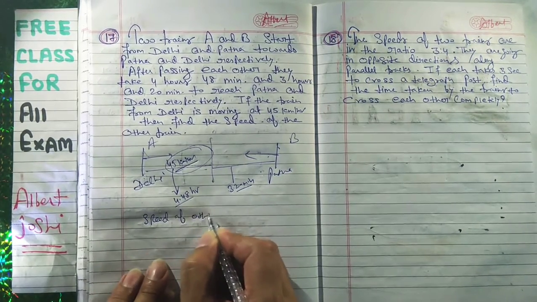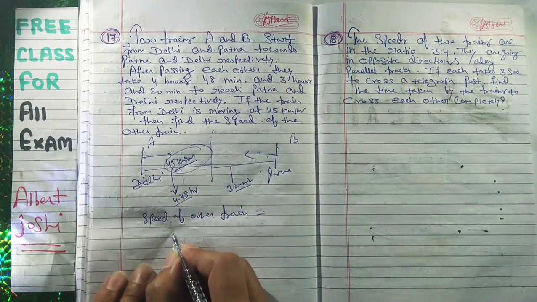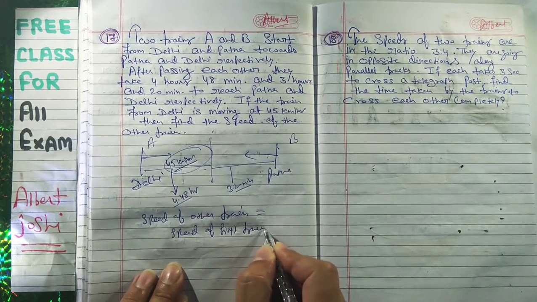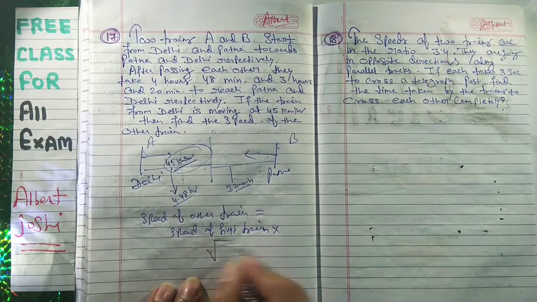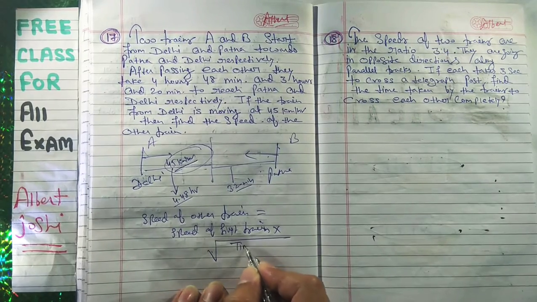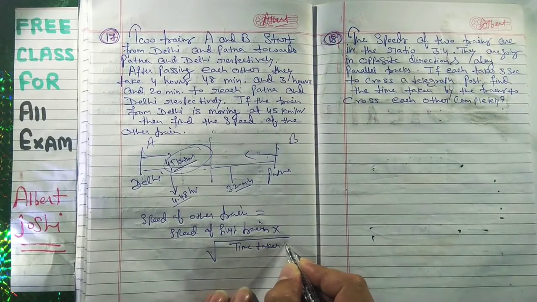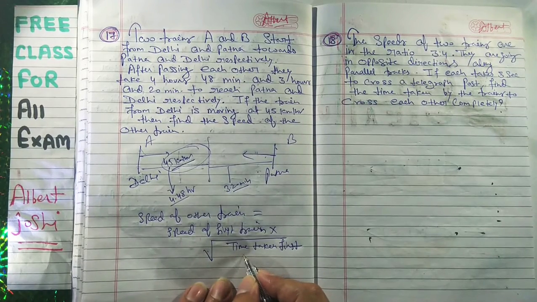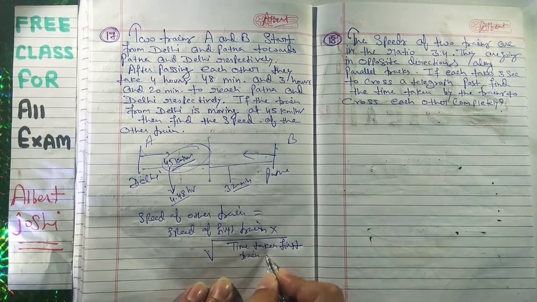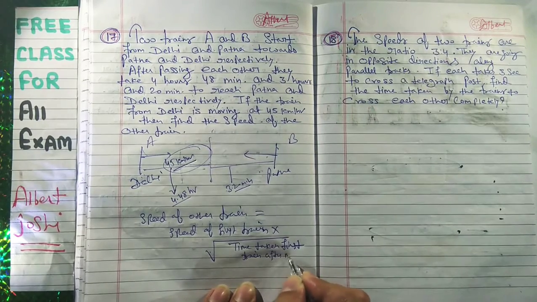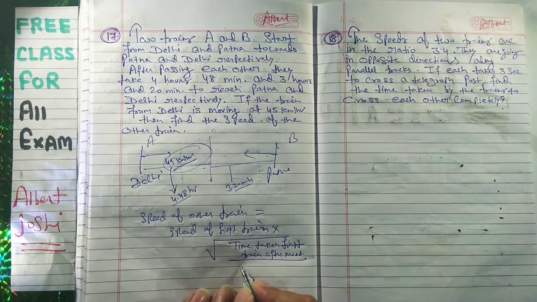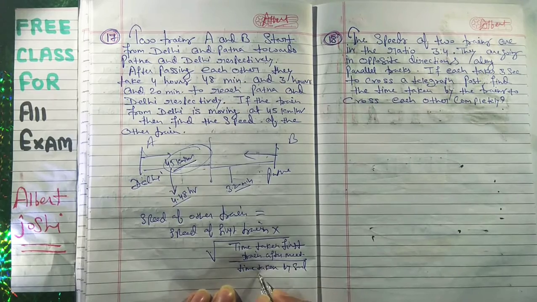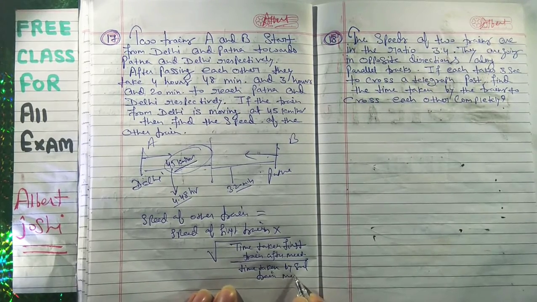Speed of other train is equal to speed of first train into square root of time taken by first train after meeting upon time taken by second train to meet. You can also solve by the help of high school method.